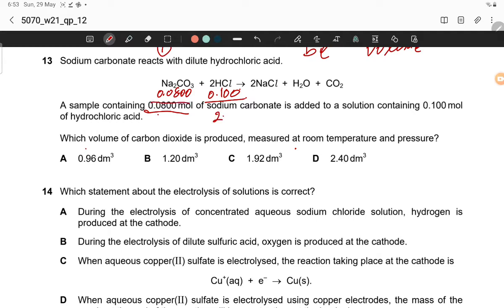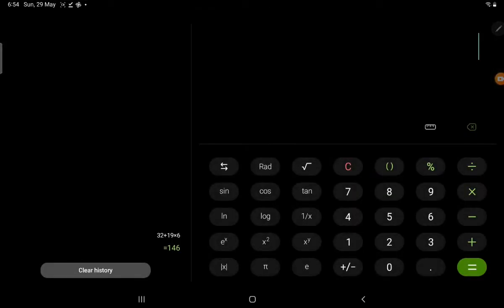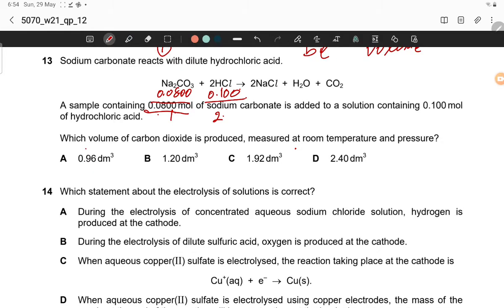Mole ratio of HCl to sodium carbonate is 2 to 1, so moles of HCl 0.1 divided by 2 is equal to 0.05.